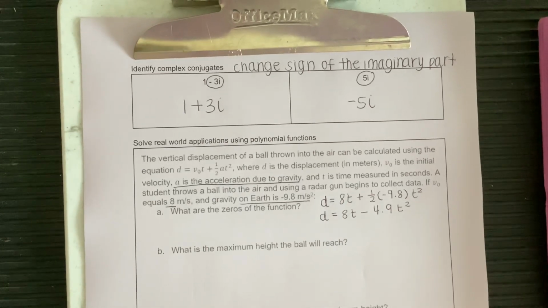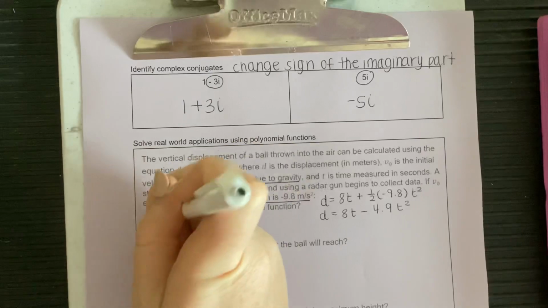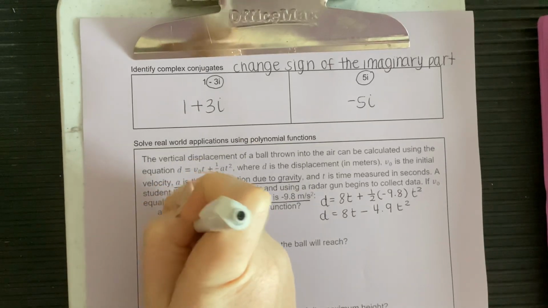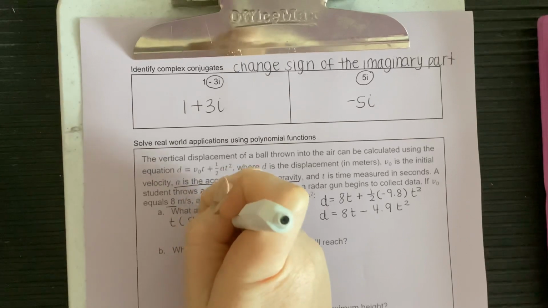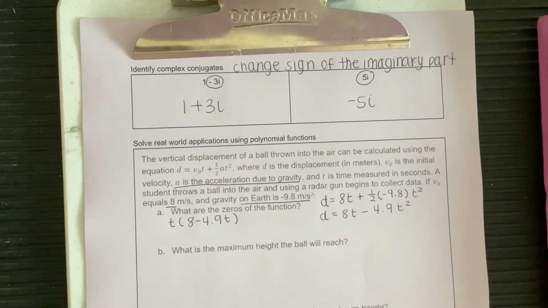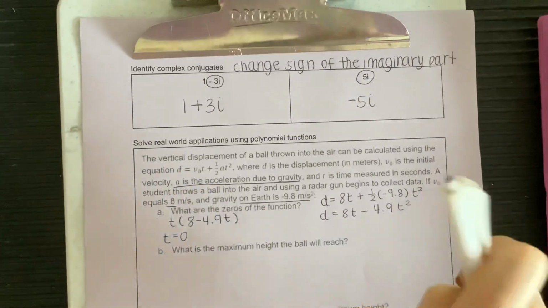So if part A is asking you to find the zeros, that's just factoring that, and that's super easy to factor. Both of these have a t in common, so I'm going to factor out a t, and I'm going to be left with 8 minus 4.9t, and then I'm just going to set those both equal to 0. So one of my zeros is going to be 0.